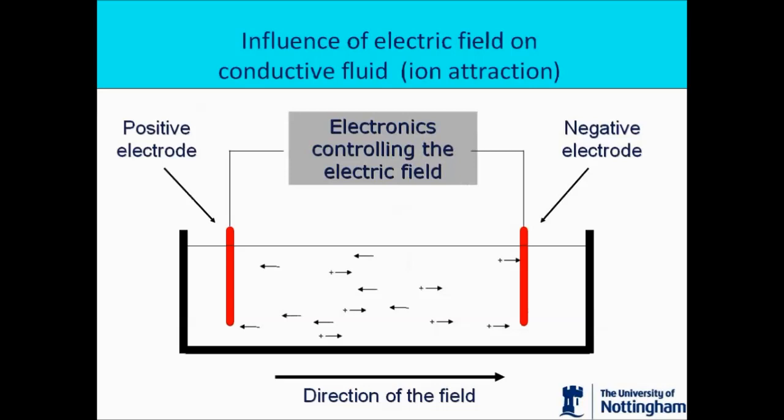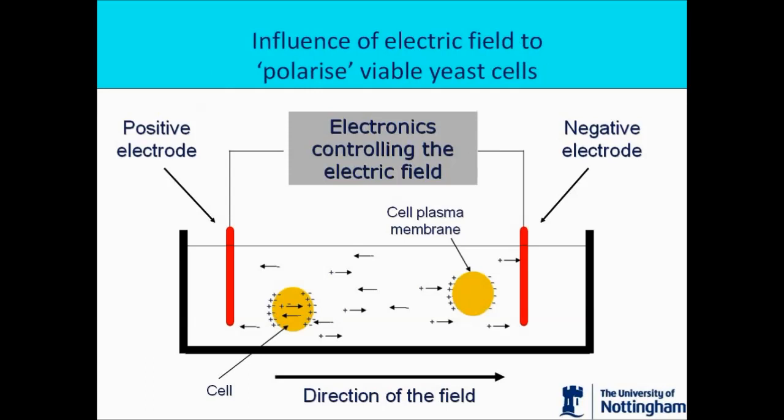If you consider that you have such a liquid which contains charge groups, and if you apply a field as shown, then obviously those charge groups will tend to migrate towards the anode or the cathode depending on their charge. So fairly simply, if you put some yeast cells into that field, well, the feature of yeast cells and other cells is that they are surrounded by a non-conducting layer, which is actually the membrane.